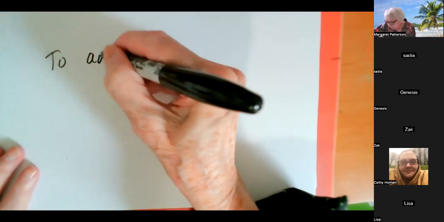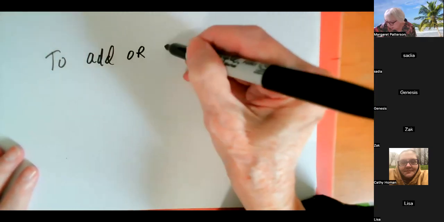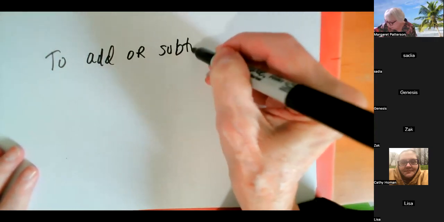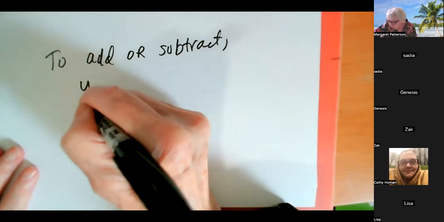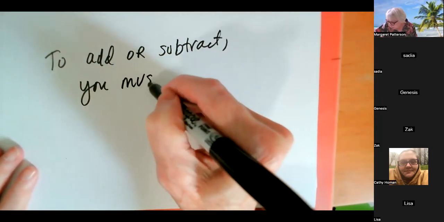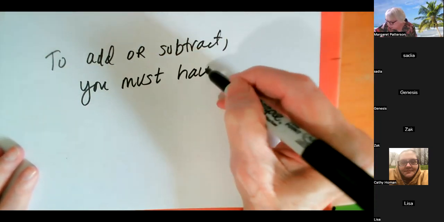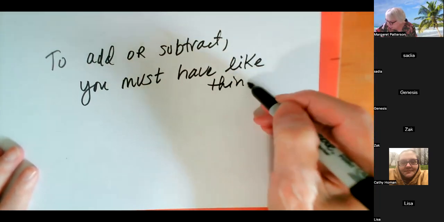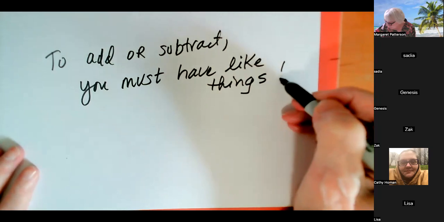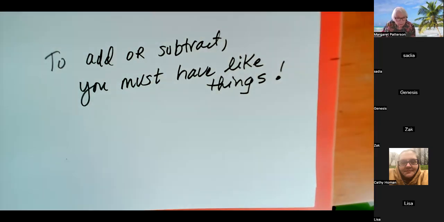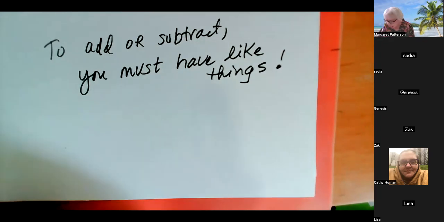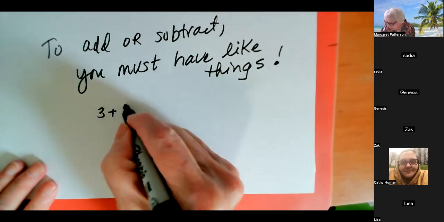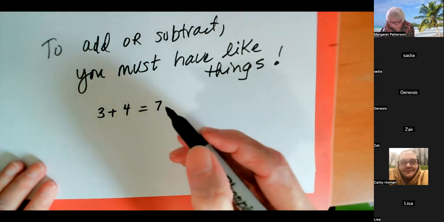To add or subtract, you must have like things. I'm just going to use that word. Have I written this before? This means that I could add a plain number to a plain number.